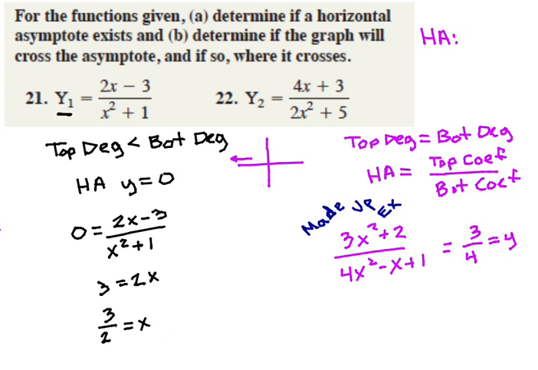And so if we look at this as a graph, we noticed we solved and said that our horizontal asymptote was here at 0. We're going to cross that asymptote, however, at 3 halves. And then we can also find, in this case, does this have a vertical asymptote?